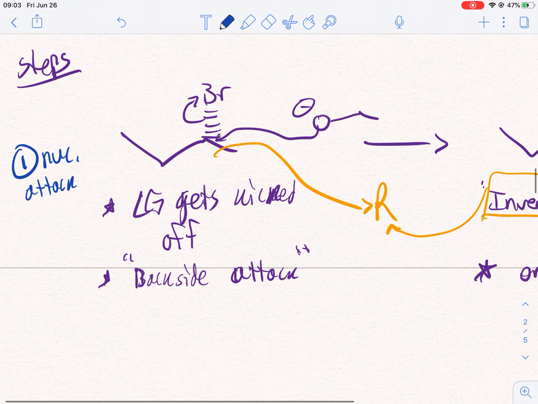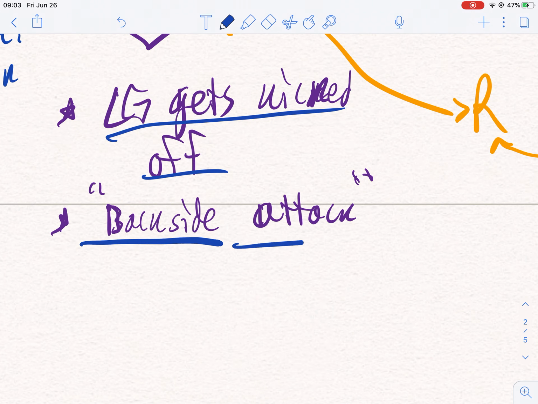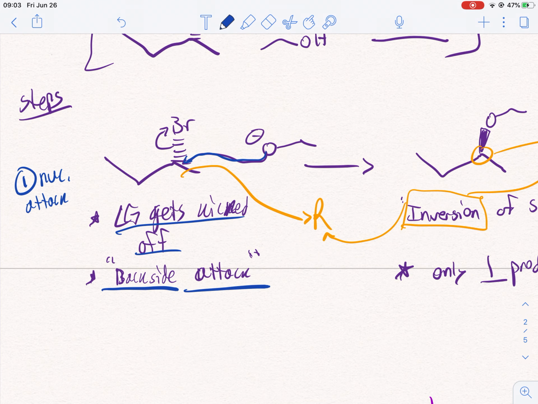The leaving group gets kicked off because the nucleophile attacks, but it attacks a certain way, okay? It attacks in the way called a backside attack, all right? So in reality, it's gonna, okay, my bad. It's gonna go like around here, okay? So actually, it would have been better to draw the other way, but it doesn't matter.